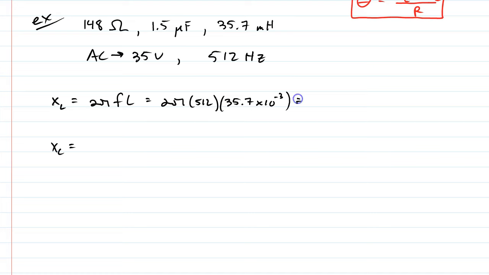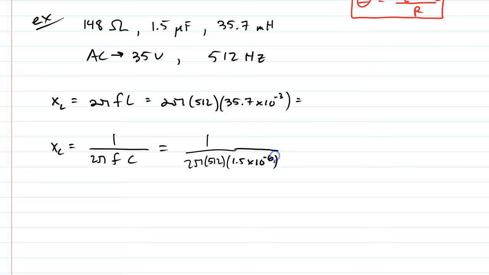Then before I throw it in my calculator, I'm going to set up my capacitor. That's going to be 1 over 2 pi times frequency times capacitance, which would be 1 over 2 pi 512, and then microfarads would be 1.5 times 10 to the negative 6. Alright, I'm going to pause this and plug all those numbers in.